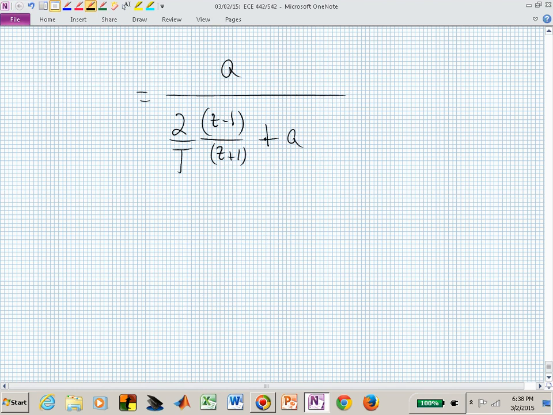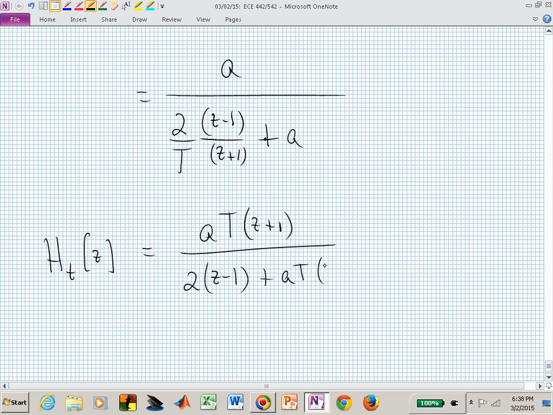We can multiply by capital T, z plus 1, or put everything over that in the denominator, and that will then pop upstairs, and we now have AT z plus 1. This is H sub t of z, of 2 z minus 1 plus AT z plus 1.